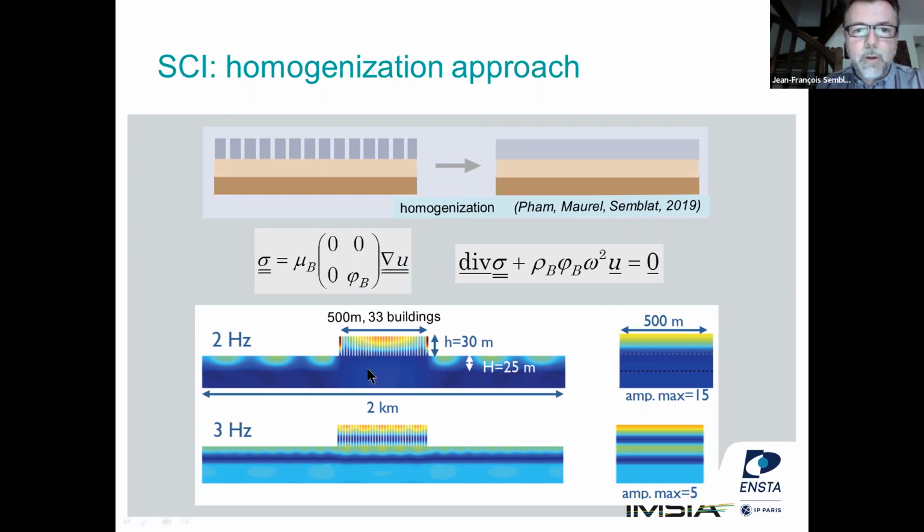In fact, we have a transition between the homogenized part and the free surface here. So we have an impedance condition at the surface in this part only, and then we have a free field condition in this part. So we have to connect both parts of the model in the framework of a numerical method.